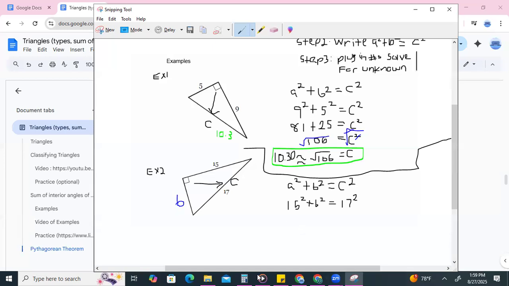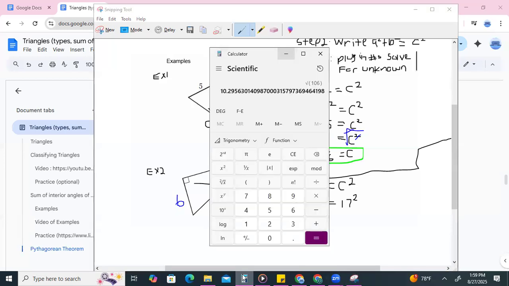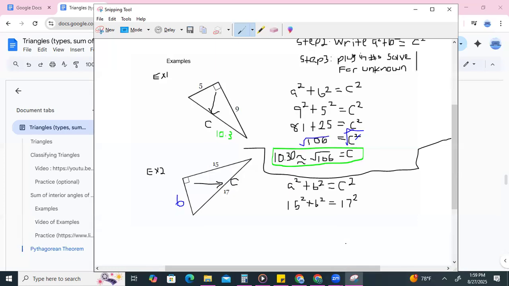15 squared is 225. You can go ahead and look at it in the calculator if you want to. You just say 15 times 15 or use this 15 squared right here. So we're going to write 225 plus B squared equals 17 squared is 289.